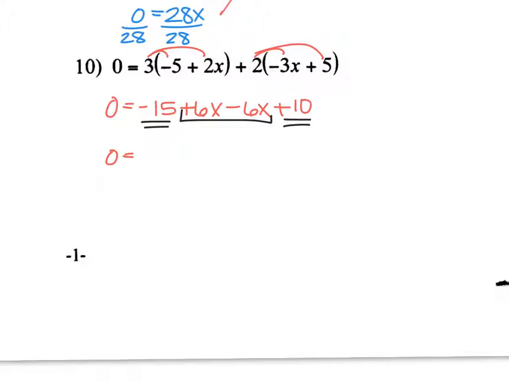So if I combine my numbers, negative 15 and 10, I get negative 5. If I combine 6x and negative 6x, those actually cancel each other out. So right now my statement reads 0 equals negative 5. Well, my variables have gone away, so I know I'm going to have either all real numbers or no solution. And 0 does not equal negative 5. That's not a true statement. So that means this right here is no solution.